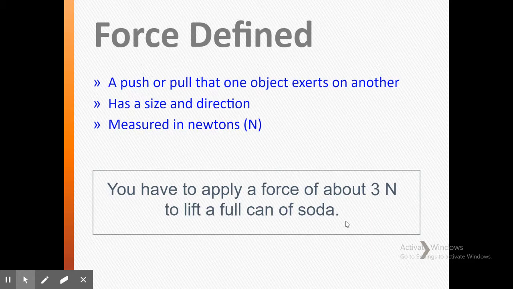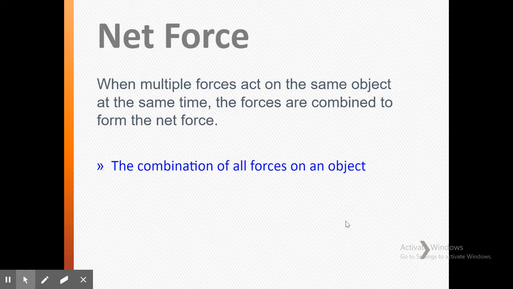Now we will go to net force. Every object, pretty much at all times, has several forces acting on it. Right now, I am sitting in a chair, so I have the force of gravity pulling me down towards the earth, and I have the force of the chair pushing me back up.